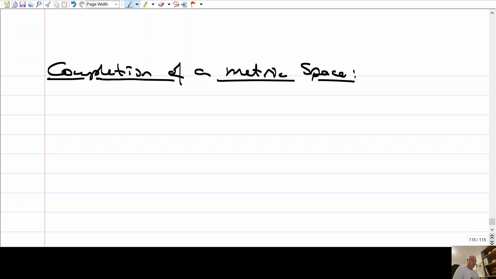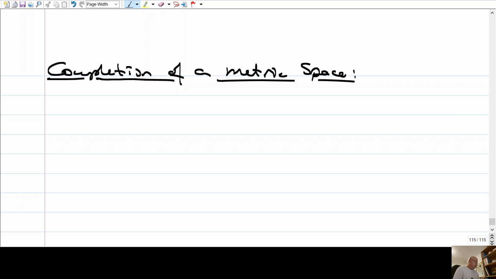Maybe you have seen this in some other course, I am not sure, but we may think of real numbers as sequences in rational numbers, right? Any real number has a decimal expansion. Therefore, we may regard real numbers as sequences of rational numbers, and this is one way of obtaining real numbers from rational numbers.